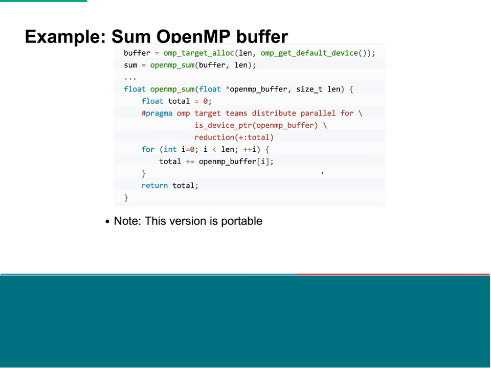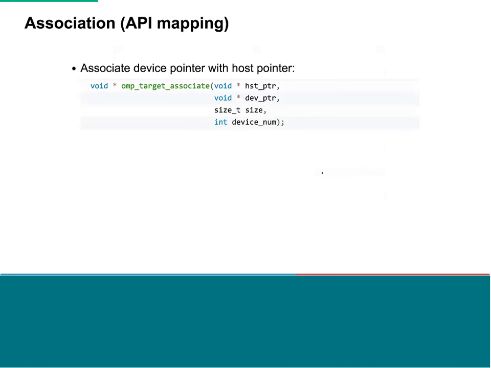Now, the rest is what we call OMP target associate. Associate is a little bit different from the rest of the API routines in that it's not a way to allocate or manage memory. This is a way to hook into the mapping system of the runtime that you're using.